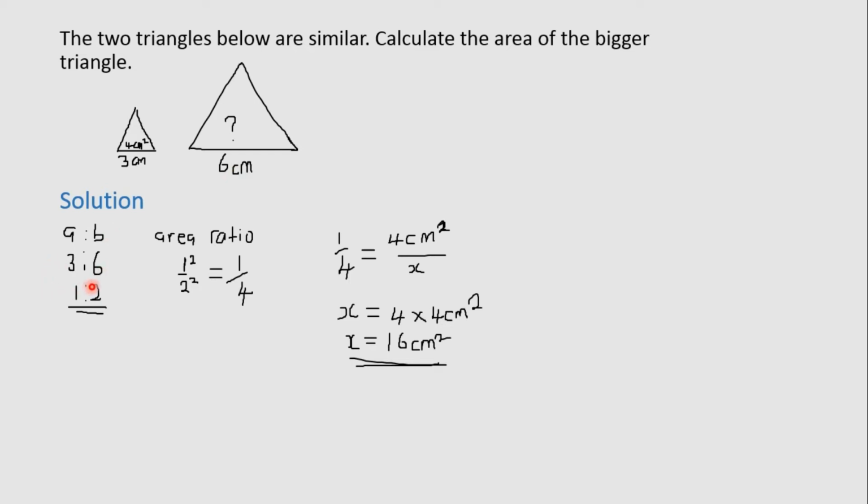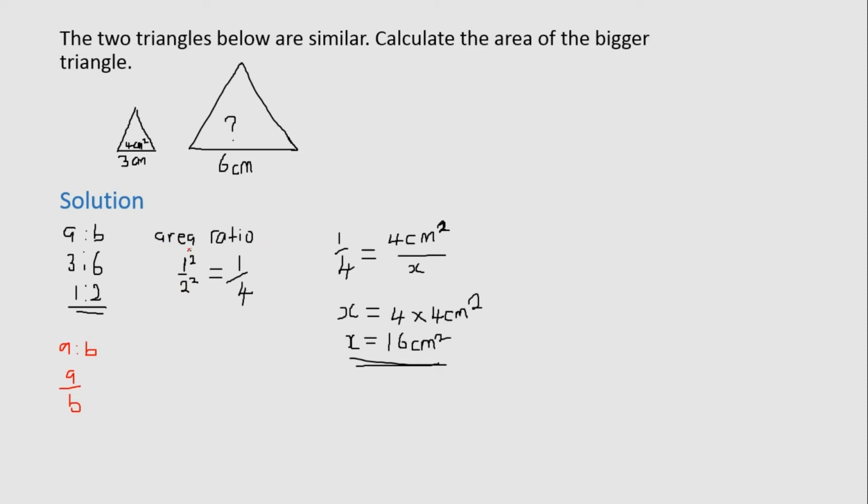To find the ratio, they have to be left in their simplest form, so you divide by the lowest common factor. 3 into 3 gives 1, and 3 into 6 gives 2. Remember, ratios can be written as A to B, or as A over B. Written as A over B, this is 1 over 2.